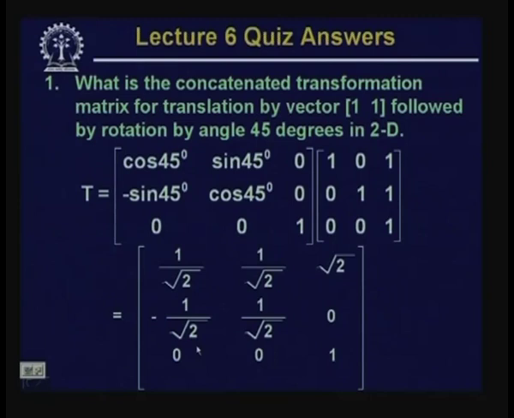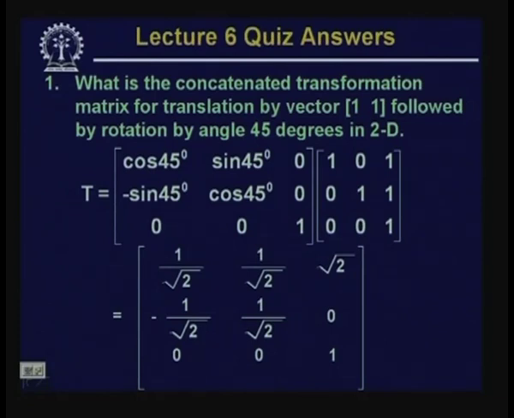So, the first question was, what is the concatenated transformation matrix for translation by vector 1 1 followed by rotation by angle 45 degree in 2 dimension. So, here you find that first you have to apply the translation followed by the rotation.